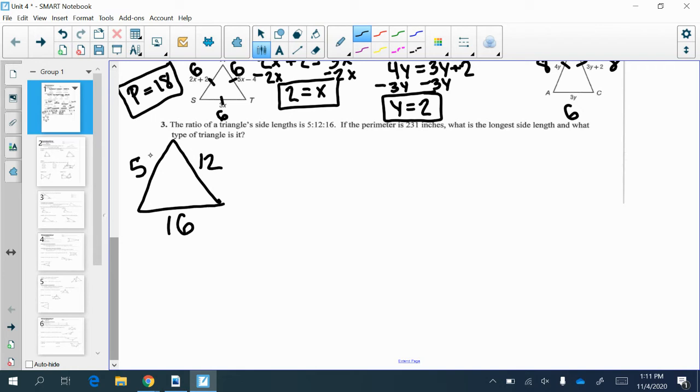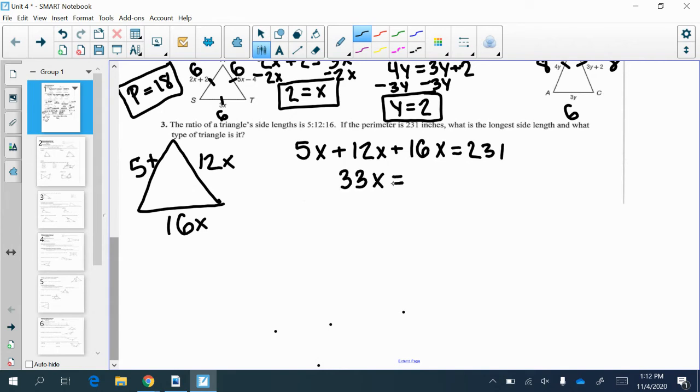We can go ahead and throw an x there. So that means 5x plus 12x plus 16x should equal, if I'm adding up all the sides, the perimeter, which is 231. 5 plus 12 plus 16 is 33x, and that's equal to 231, divided by 33. x is 7.